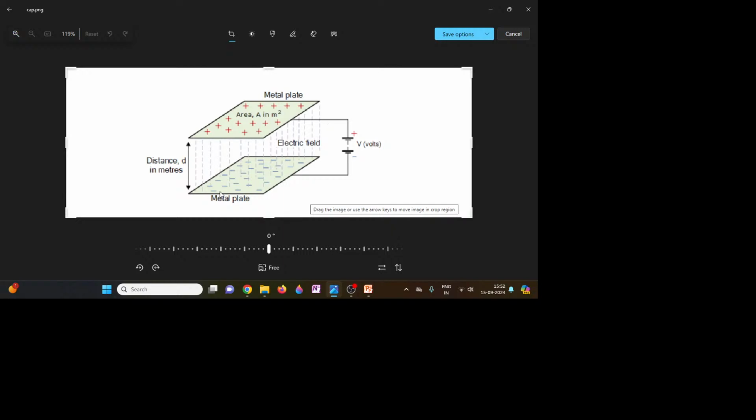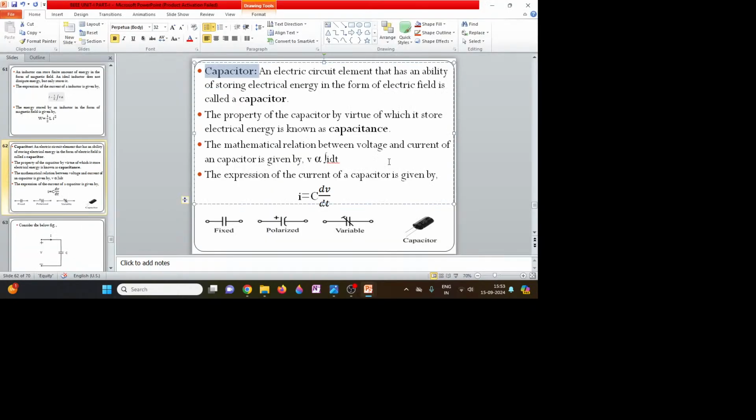This is the electric field that has been developed within the plates because of the charge accumulated on these plates. A capacitor will have two plates. If one plate is charged positive, another plate will be charged negative, and both are of opposite polarity. So they will be storing energy in the form of an electrostatic field.